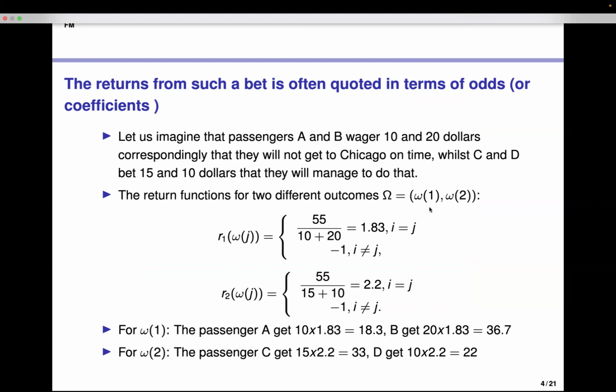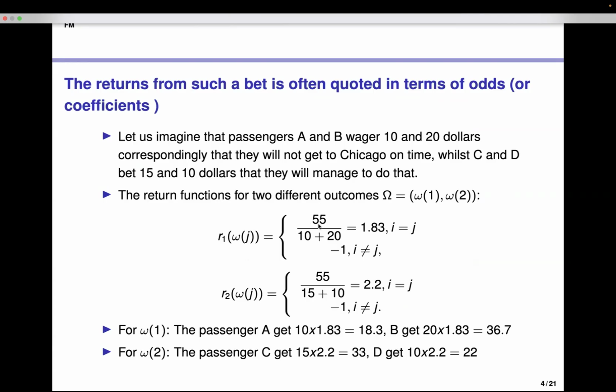So we can consider this experiment with two outcomes, omega-1 and omega-2, and compute the return function. The return function in this case means how much money they can get on 1 unit, on the $1, in fact.